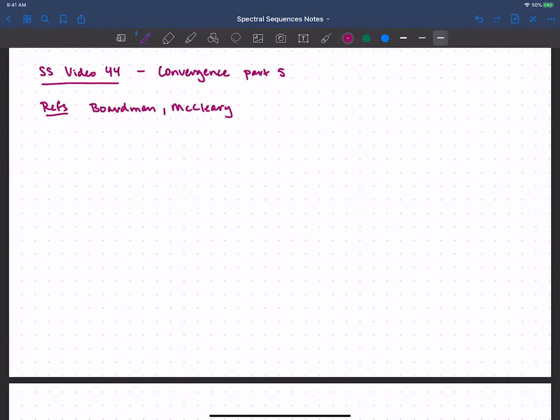All right, so remember that we said if we had a cohomology spectral sequence, though it doesn't really matter, but I'll be grading it cohomologically.